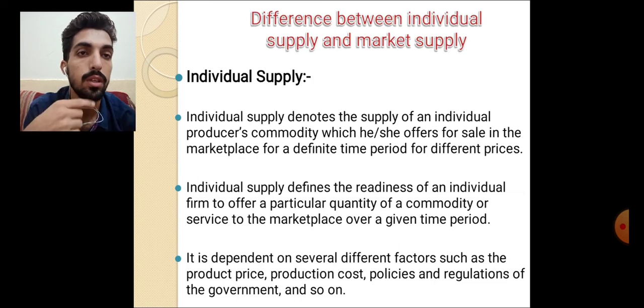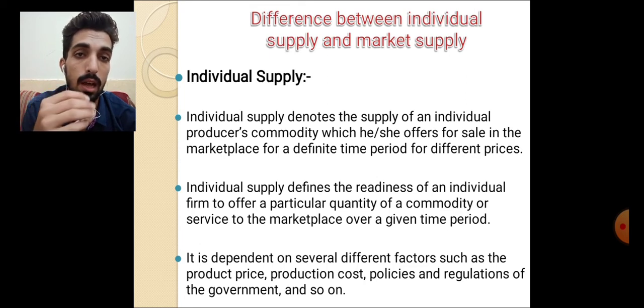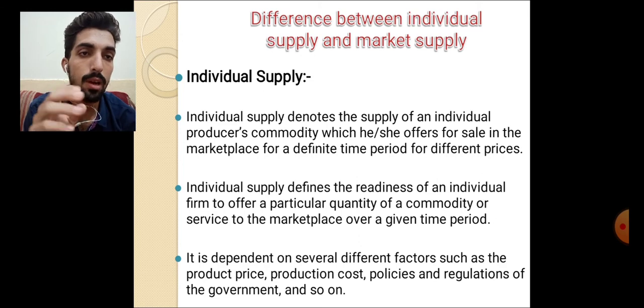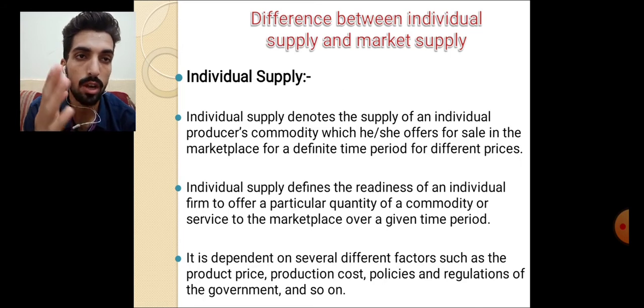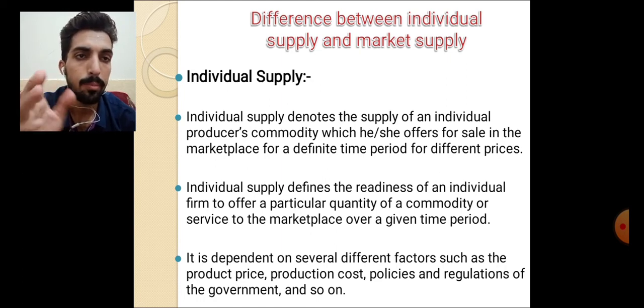Now we're going to look at the difference between individual supply and market supply. Individual supply denotes the supply of an individual producer, the commodity which he or she offers for sale in the marketplace for a definite time period at different prices.